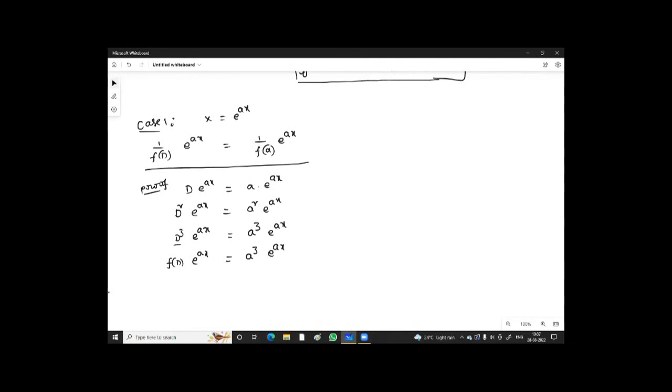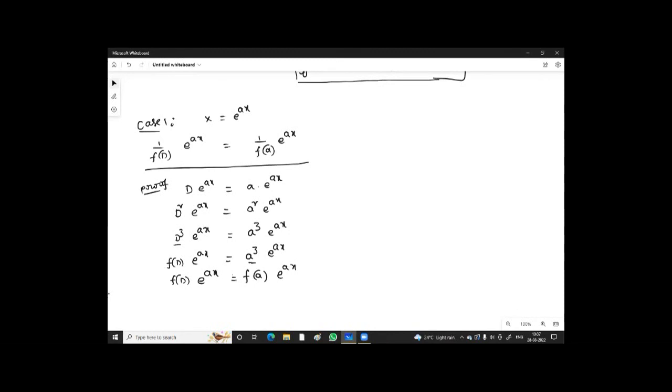Here f of D is equal to D cube, and a cube I can write as f of a. So f of D operating on e power ax is equal to f of a operating on e power ax.